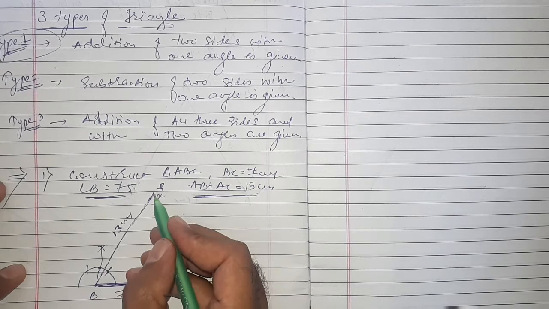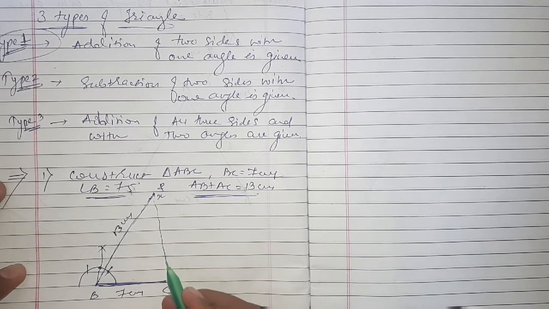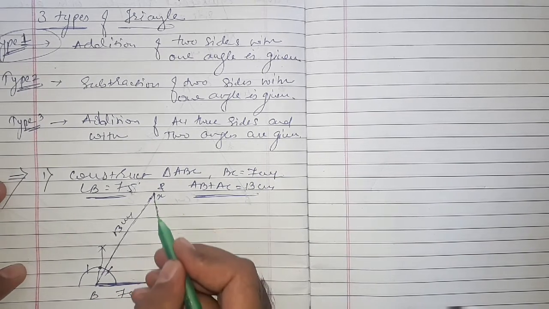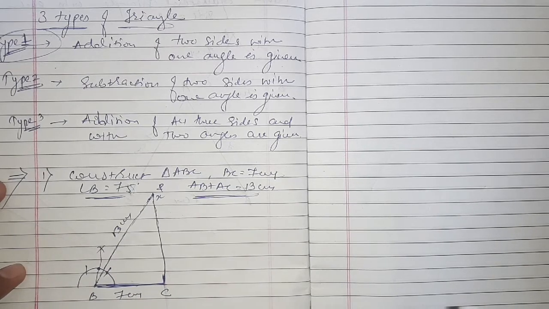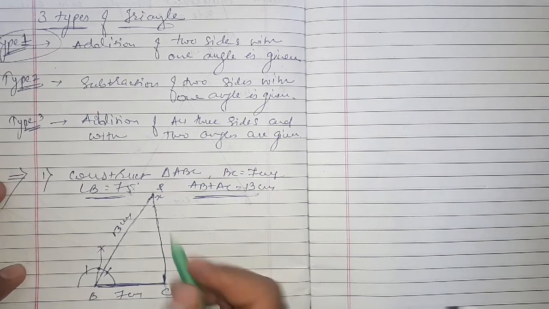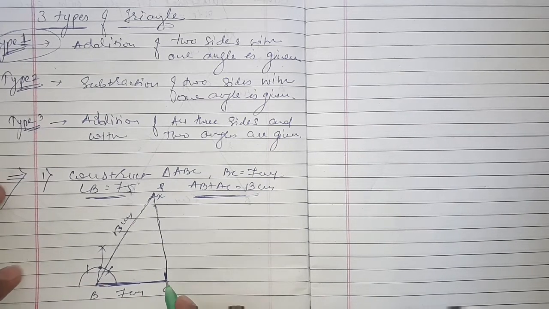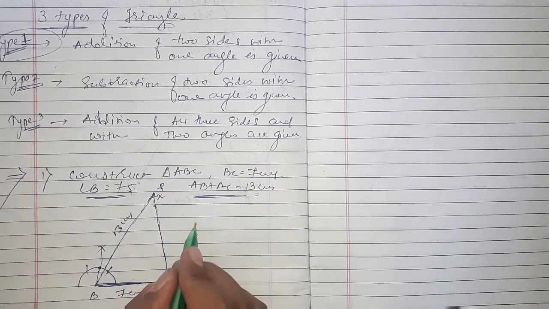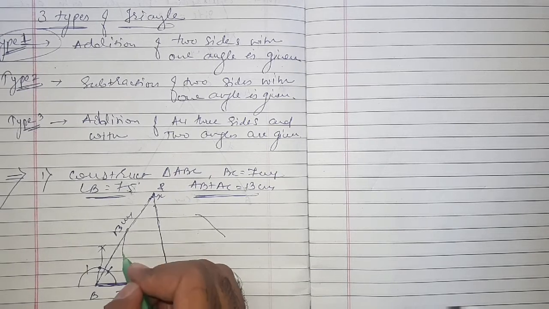After that, join X with C. Okay, join this point X with the point C. Now draw the perpendicular bisector of XC. For the perpendicular bisector of XC, take C as a center and make an arc here and here.